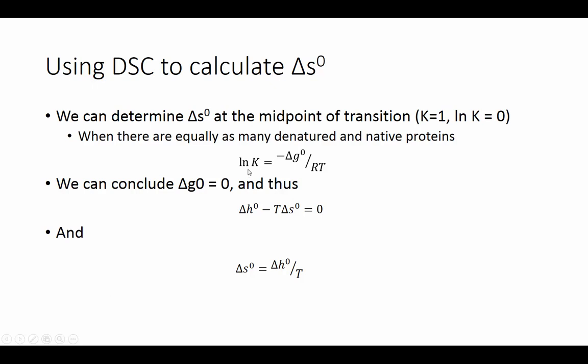So you have as many denatured proteins as you do proteins that are still folded. And again, we look at the natural log of K equation. We can conclude that delta G equals 0, and thus delta S would be equal to delta H, the change in enthalpy, over the temperature.